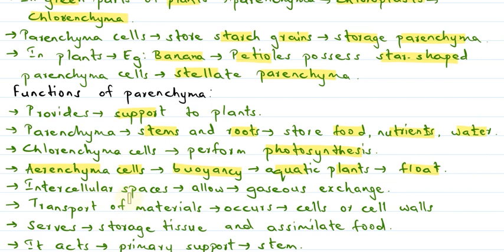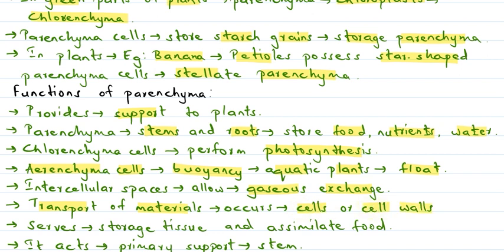The intercellular spaces present in parenchyma tissues allow gaseous exchange. The parenchyma tissues also help in transport of materials, and this transport occurs through the cells or the cell walls of the parenchyma.